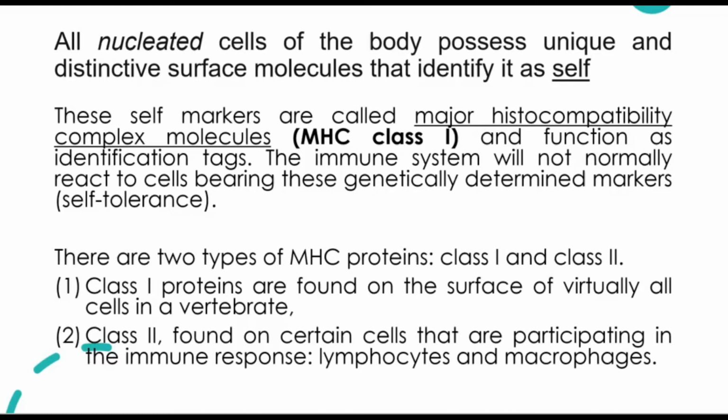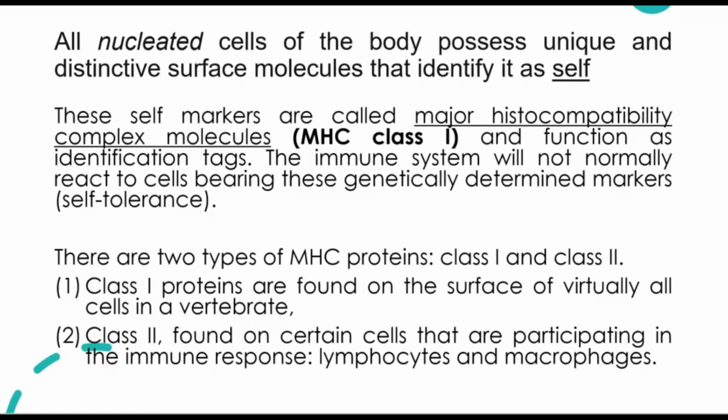Here there are two types, class 1 and class 2. Class 1 proteins are found on the surface of virtually all cells in a vertebrate, and class 2 is found in cells participating in the immune response, such as lymphocytes and macrophages.